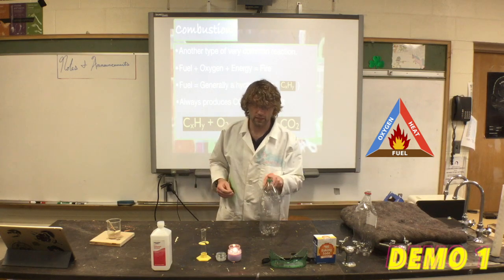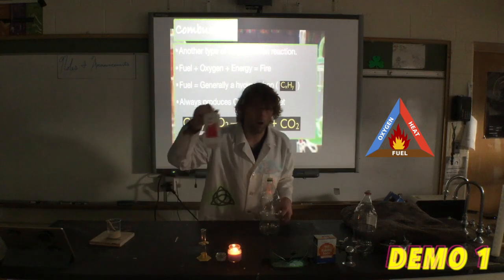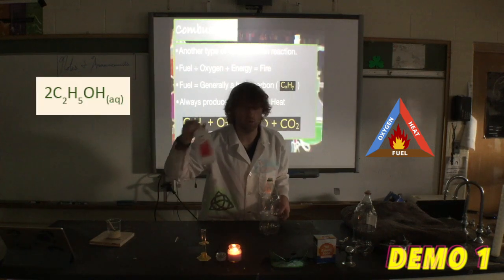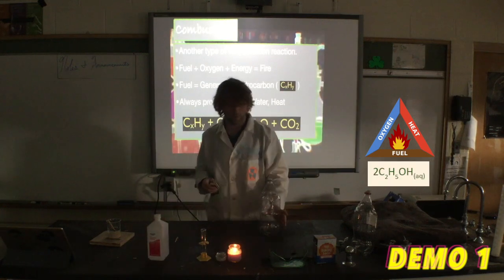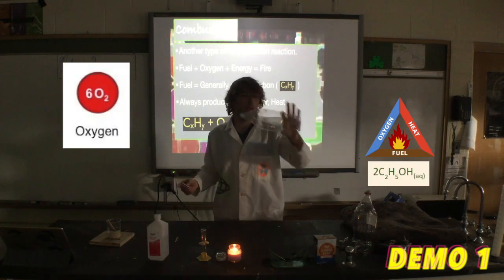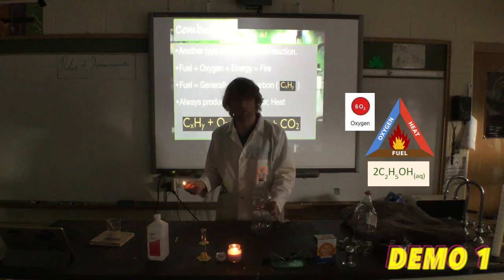I have the main ingredients we need for combustion. Those ingredients are our ethanol, C2H6O, I believe is the chemical formula, and we have our oxygen. And now we are going to add our spark.